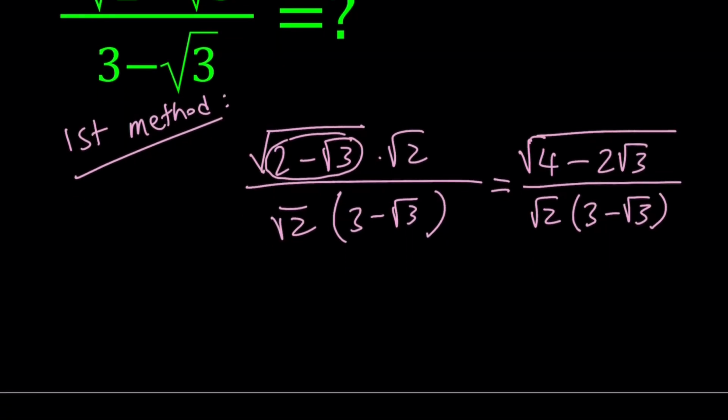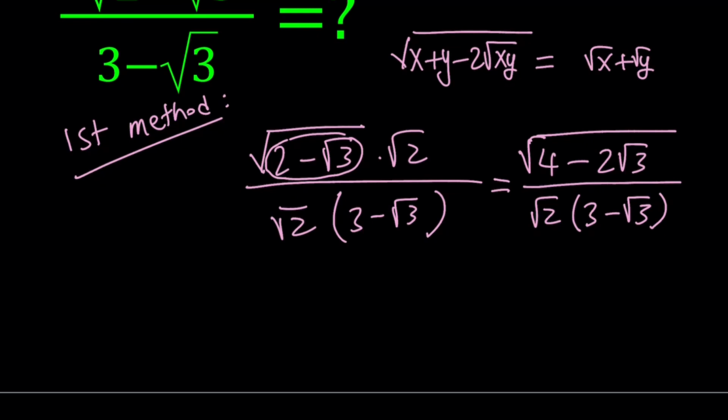And now for the top, I want to take advantage of an identity. If you have something like the square root of x plus y minus 2 times the square root of xy, we can basically write this as the square root of x minus square root of y, squared, but then the square root is going to take care of that.